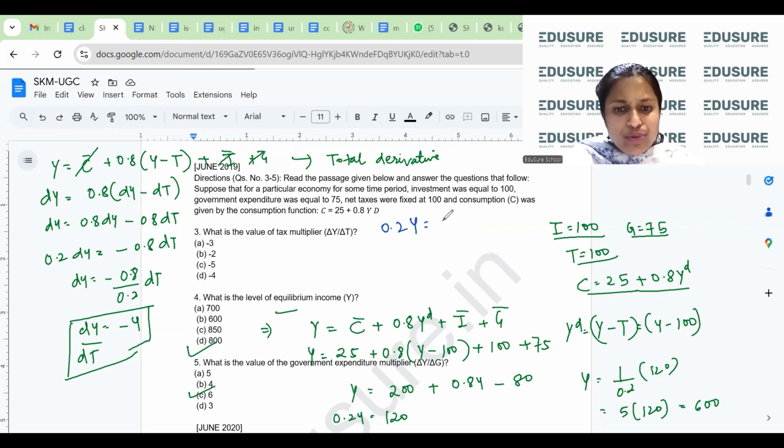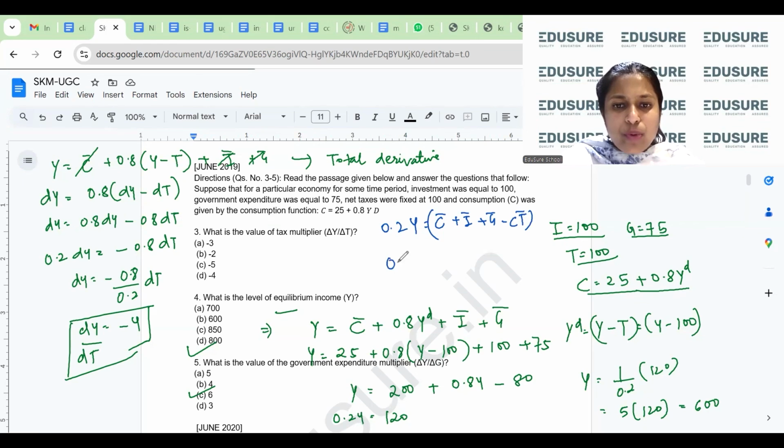0.2Y is equal to, so this 120 is basically the sum of C bar plus I bar plus G bar minus C dT minus CT, right? So this 120 is the sum of that.